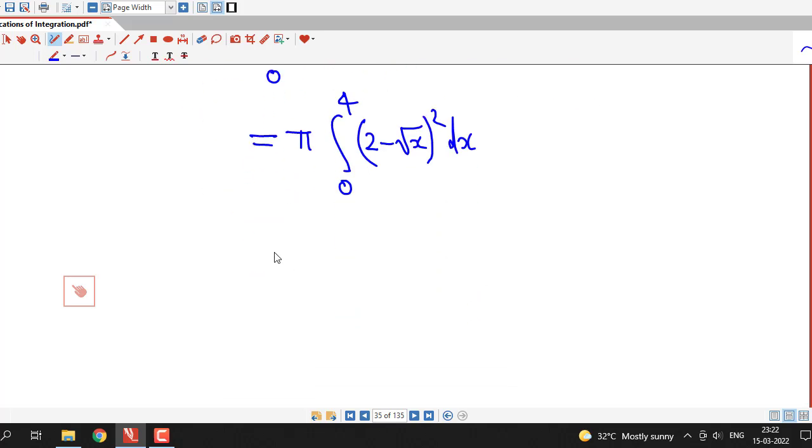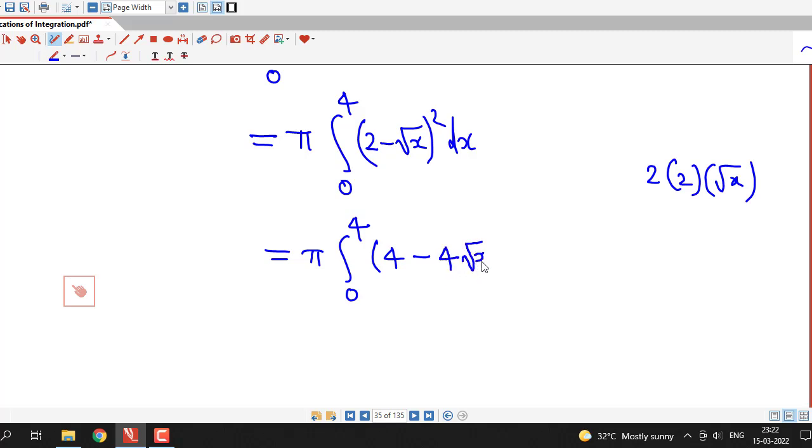Now this is a simple problem of integral. We first expand this using the formula of (a minus b) square, that is we have 4 minus 2 into 2 into square root of x, that is 4 minus 4 times square root of x plus the square of square root of x, which is x.